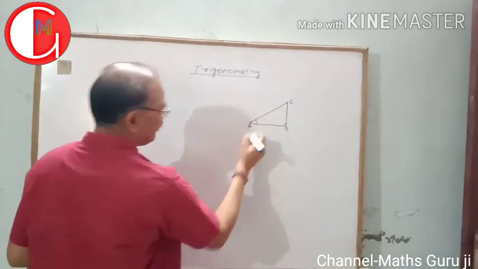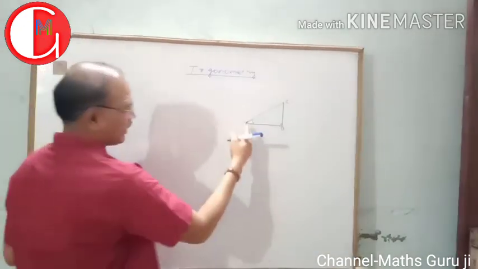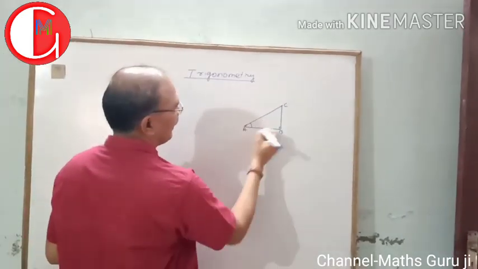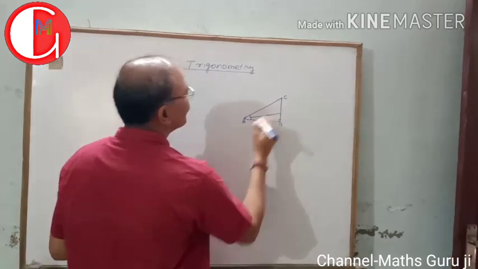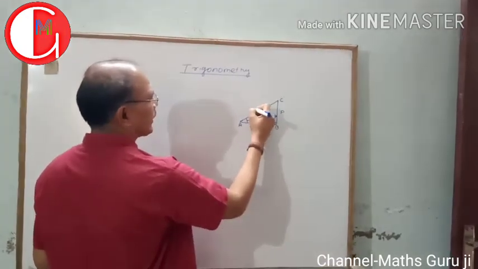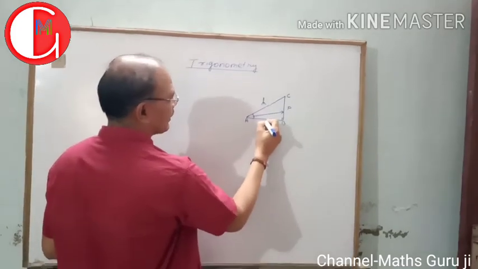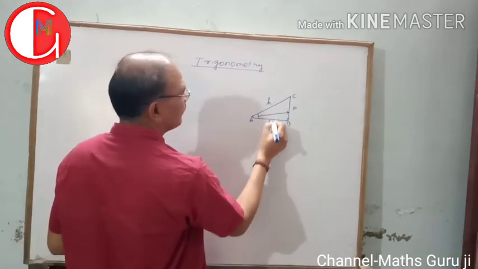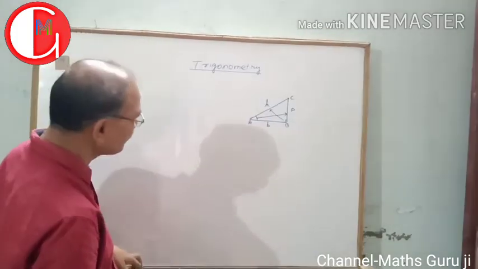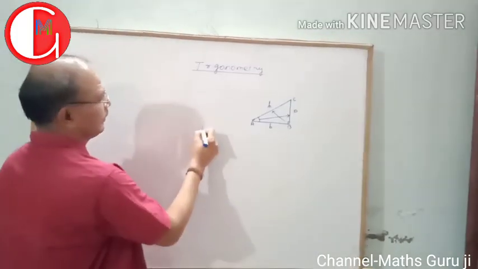So this is angle A. We are going to measure the angle A. I have told you before, the opposite side of A becomes P, longest side becomes H, and the rest of the side is B.